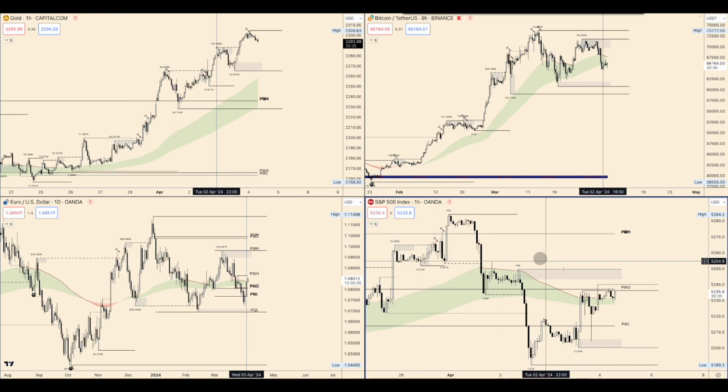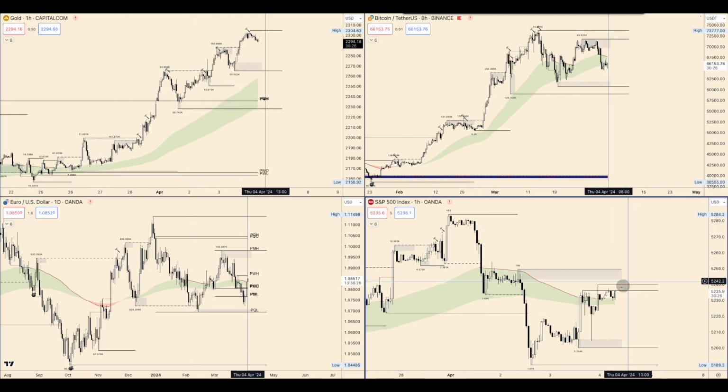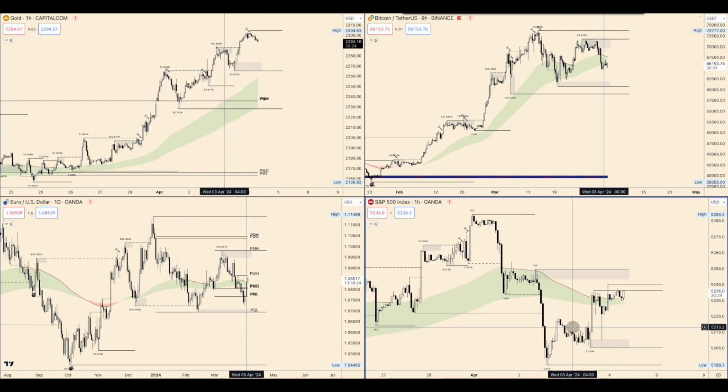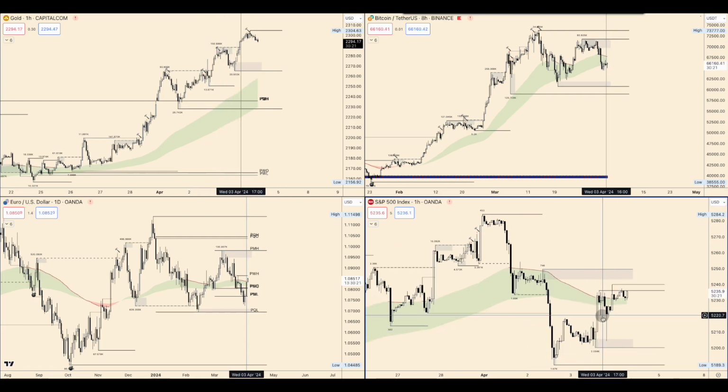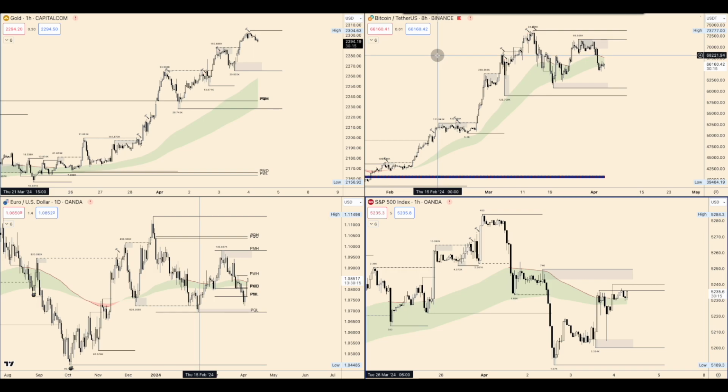I don't really think we need the weekly opens and whatnot on the S&P, because it moves quite differently, to be honest. You just want to see if you're seeing relative weakness, or if we are seeing strength, right?